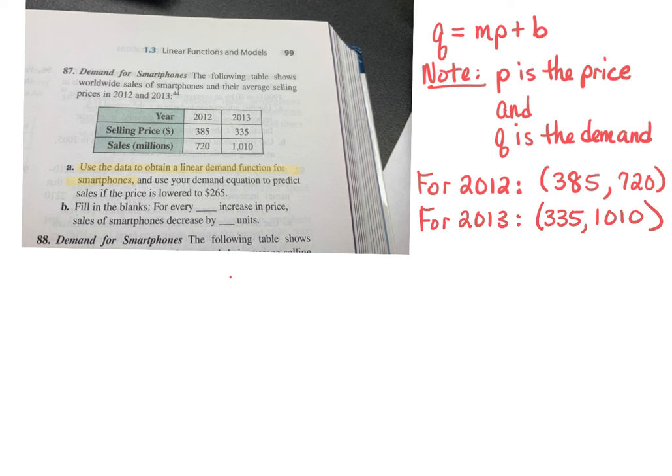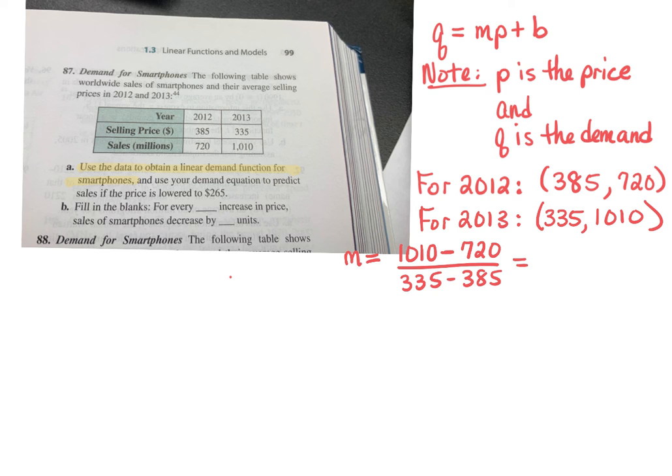Now we can use what we normally use, our change in y over our change in x, to find our slope. So m is going to be equal to 1010 minus 720 over 335 minus 385.